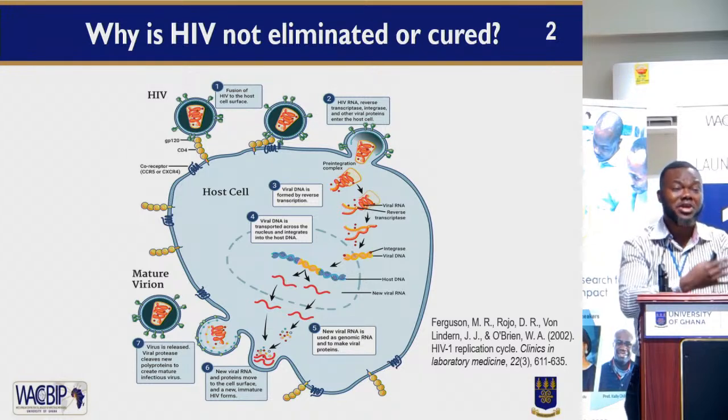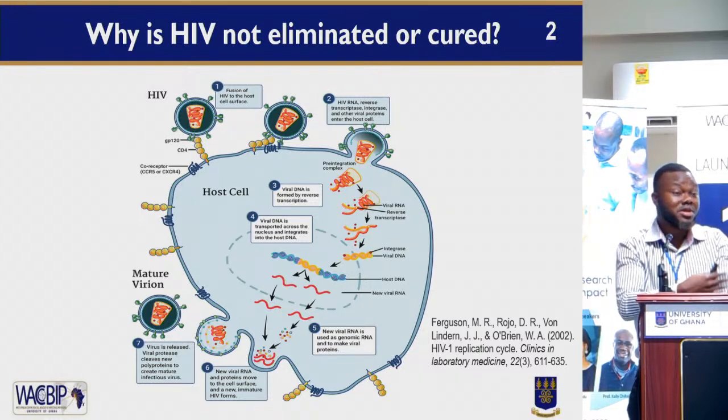Why has there not been a cure for the past 30 years? We realized that COVID came in 2019, 2020, and within the shortest possible time, we've been able to get vaccines that have been able to combat this deadly COVID-19 disease. But we can't say the same thing for HIV.